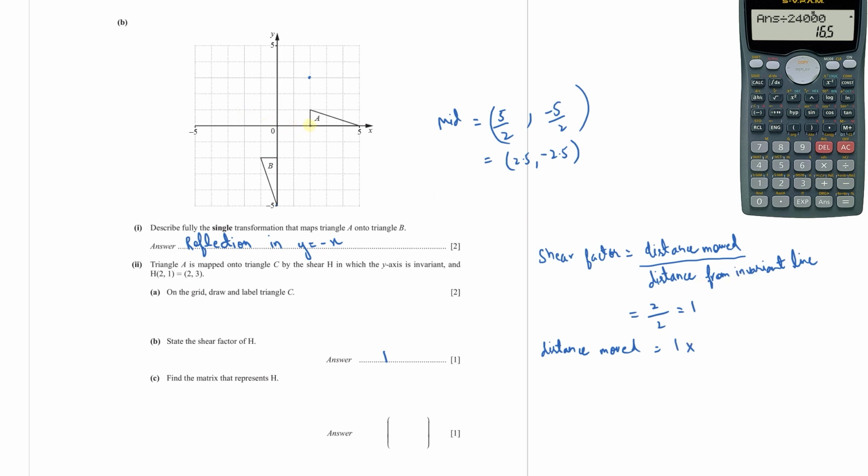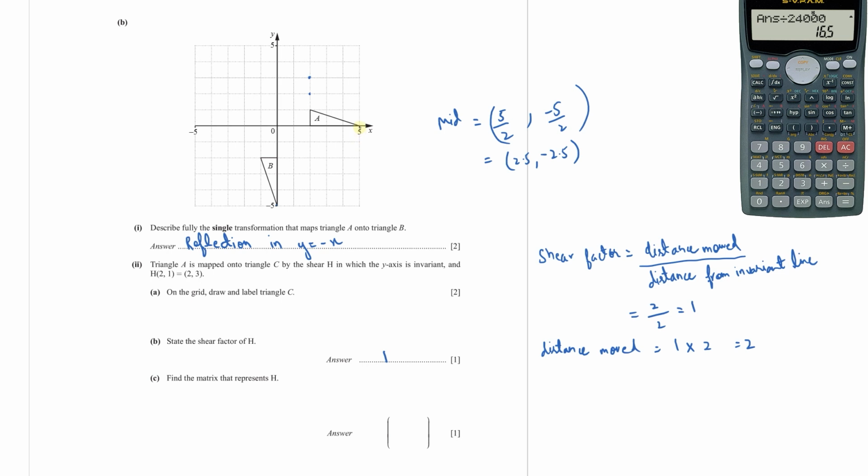This point is also a distance of 2 from the invariant line. So 1 times 2 is 2. So this will also move 2 points in the vertical y direction, from this point to this point in the image. So now you have 2 vertices.